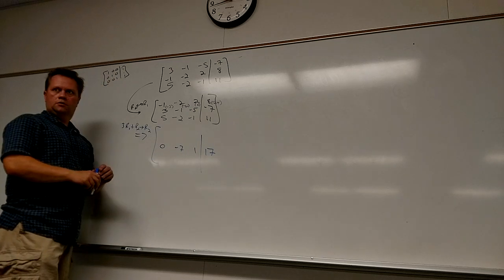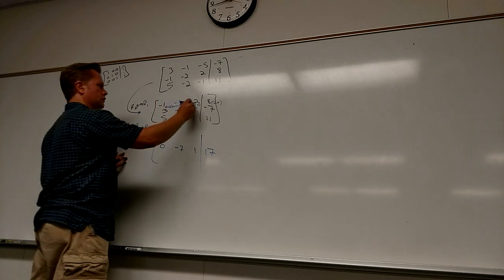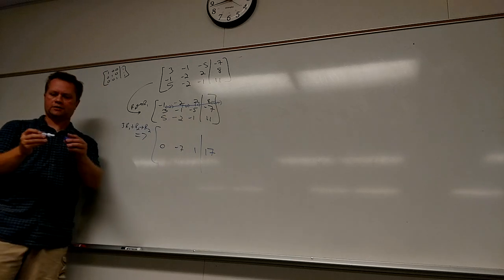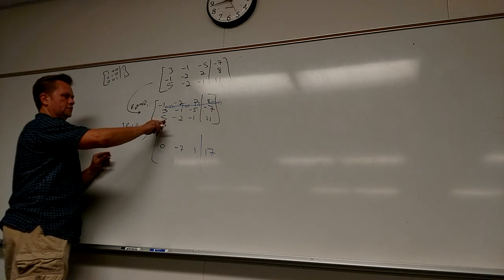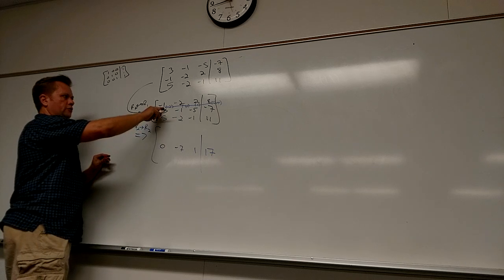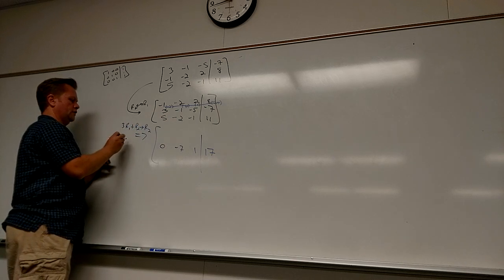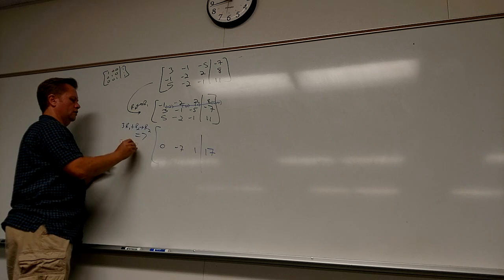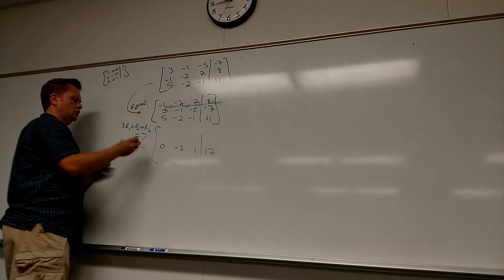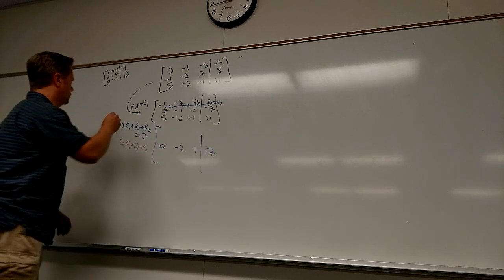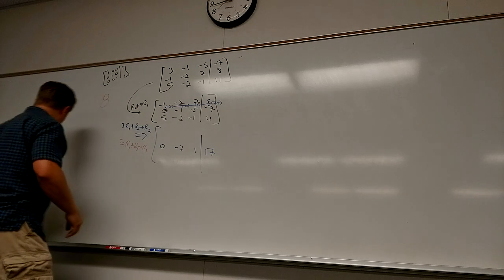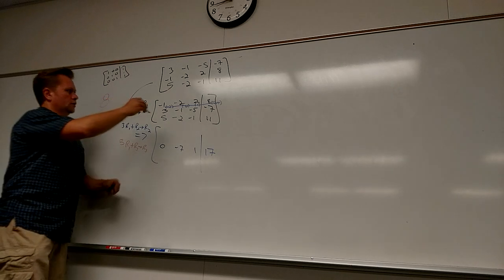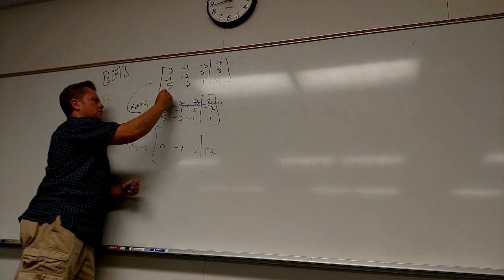Cool. I'm done with these, right? Let me see if you guys can handle this, because I don't want to write a lot. How do I kill this? Same thing. Multiply row 1 by 5. If I multiply this by 5, all right.